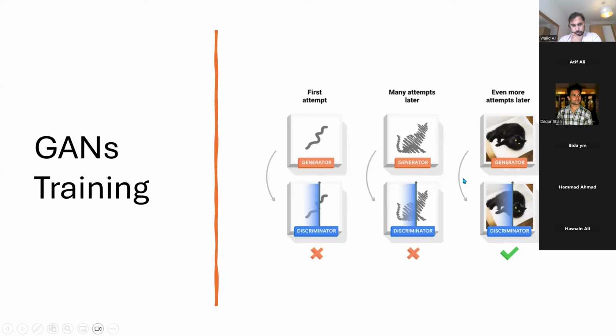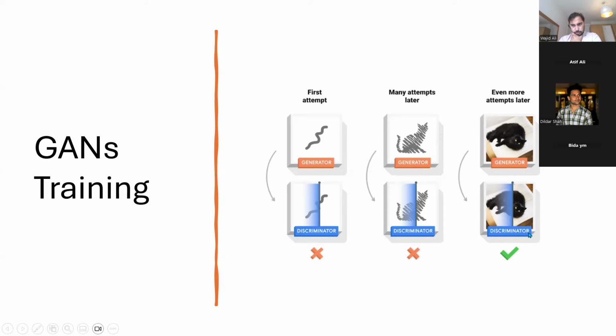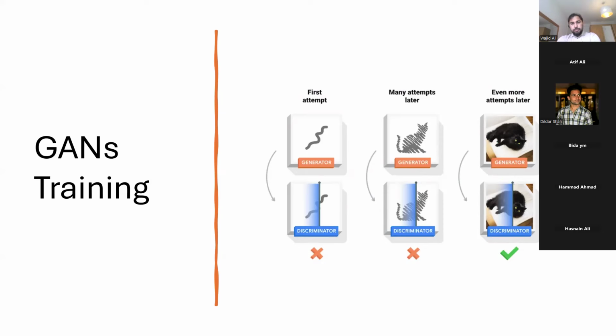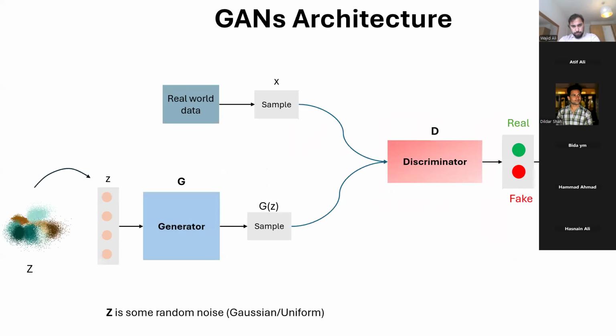It can generate fake images which look exactly like new real images, and the discriminator will no longer be able to tell if this image is real or fake. At this stage, the GAN model is considered to be well trained, and we can generate images from it.